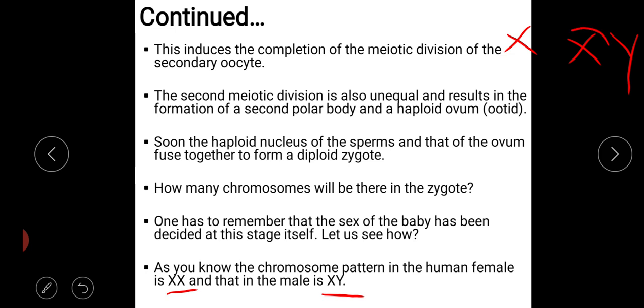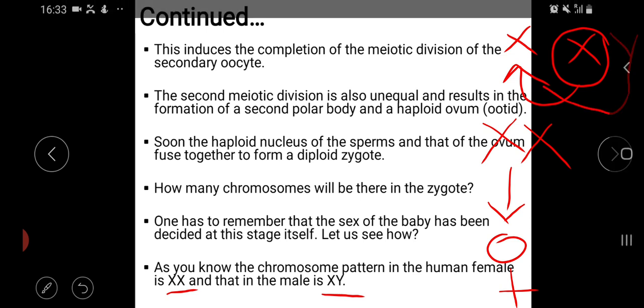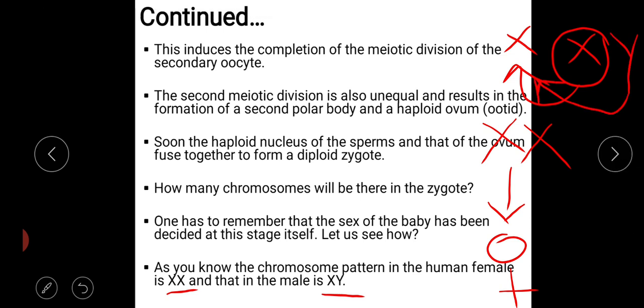That means it may bring this X, so that it will fuse with this to form an XX. That will lead to the formation of a female child, and it may bring this Y, and this Y will create an XY, and XY will be a male child.